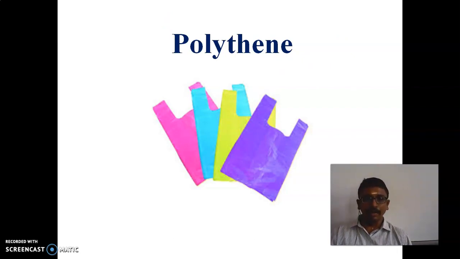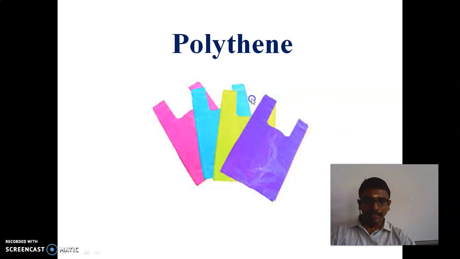When we polymerize the ethene compound, we get polythene. Polythene can be used for manufacturing plastic bags.